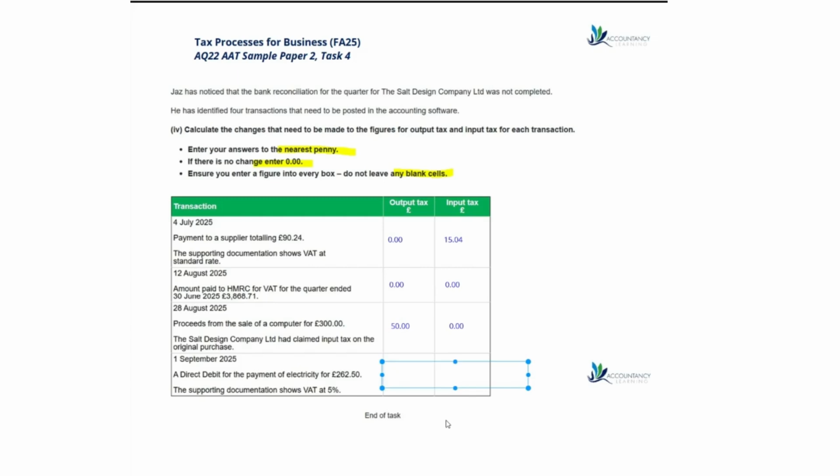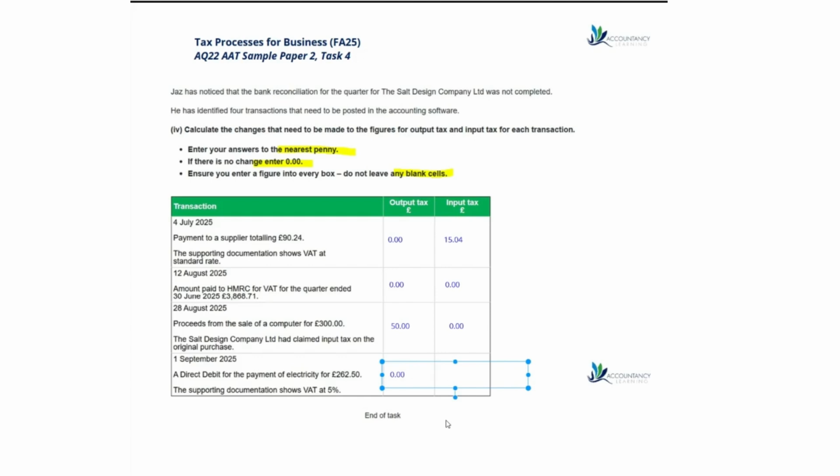And then the very final one, a direct debit for the payment of electricity for £262.50. This time the supporting documentation shows VAT at 5%. So this is a payment out for electricity, so it's not going to affect output tax, but it will affect input tax.